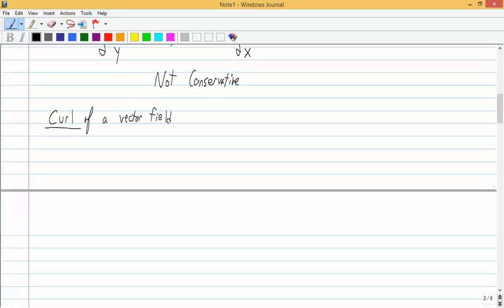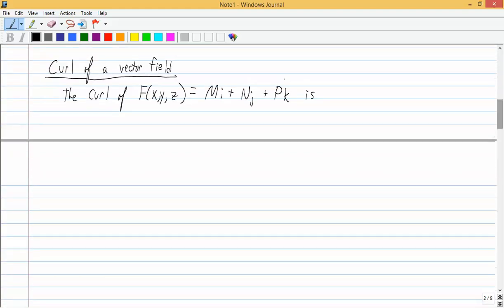So the way that the curl is defined: the curl of F of x, y, z equals M times i plus N times j plus P times k is equal to, and the notation that is used, you'll just see the word curl and then capital F of x, y, z equals del crossed with, so that's like a cross product, F of x, y, z.